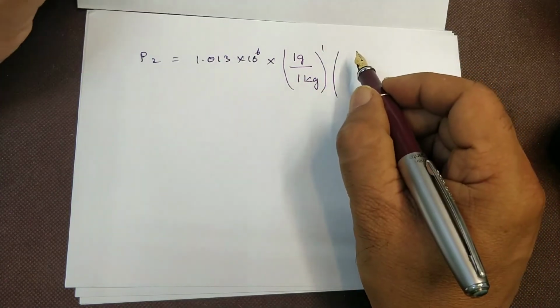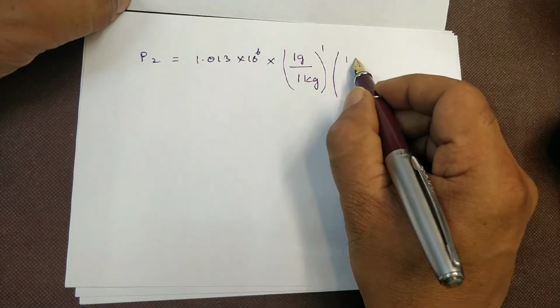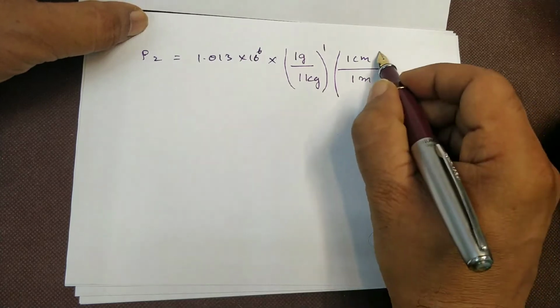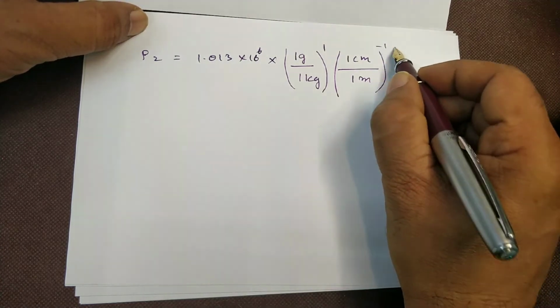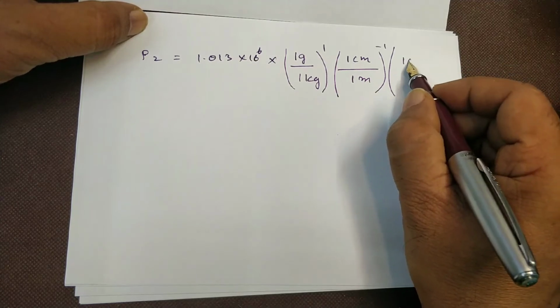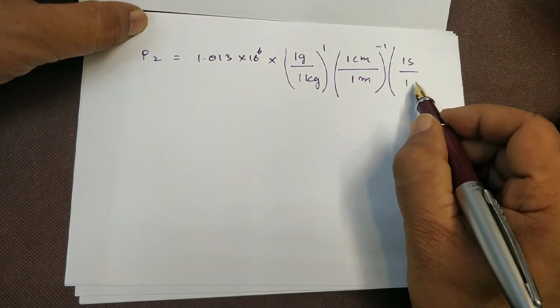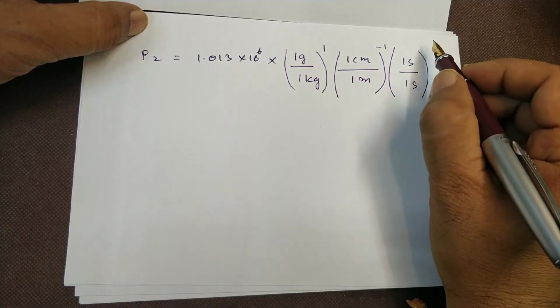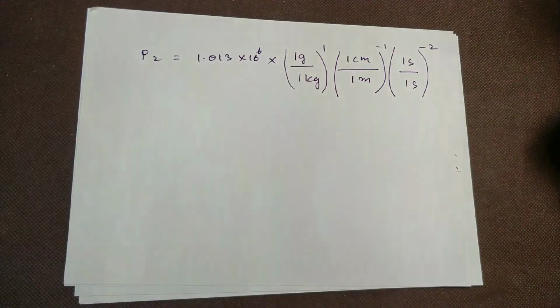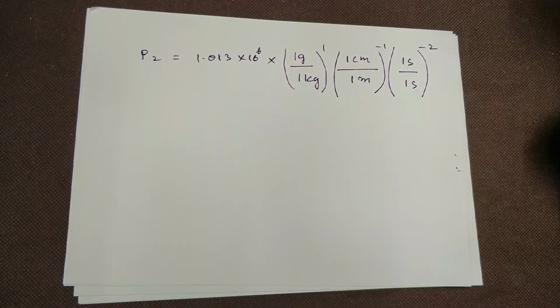And L1, what is L1? 1 centimeter divided by 1 meter, whole power minus 1, and then time, 1 second divided by 1 second, whole power how much? Minus 2. Now we have to match the units.